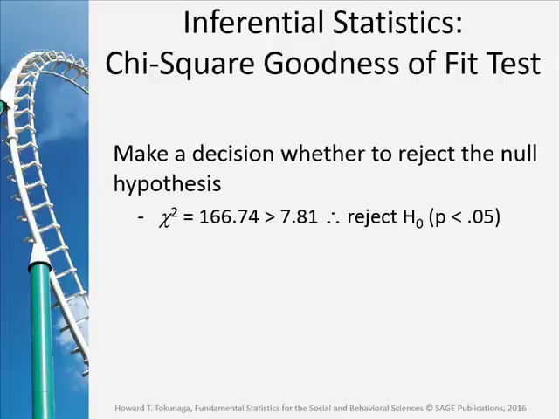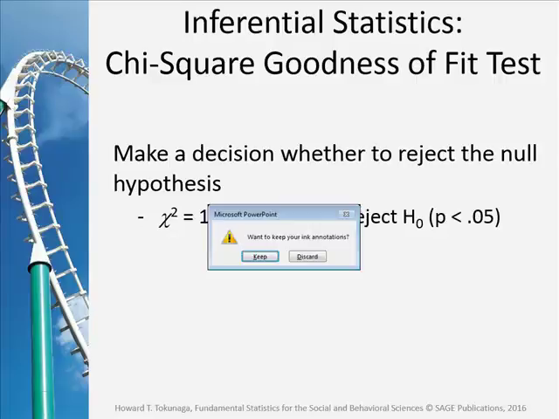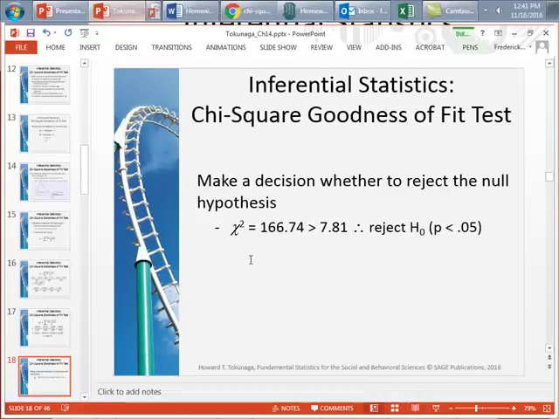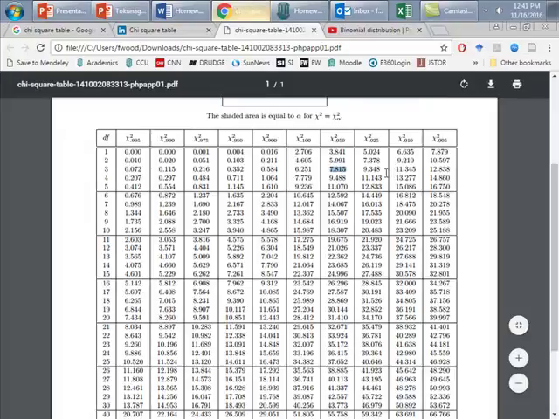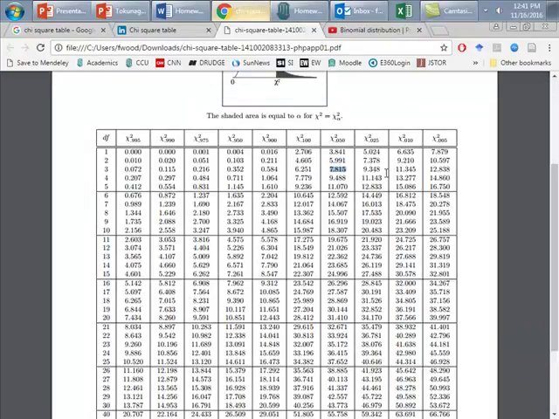Let's go back to the table real quick. Okay, 166.74. Is there any, let's see, this is getting smaller. Yeah, we're way, way small.